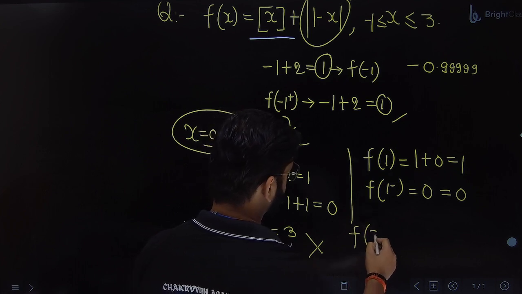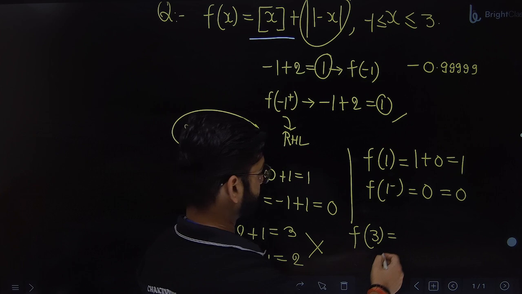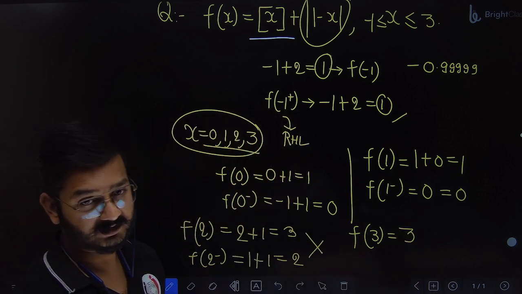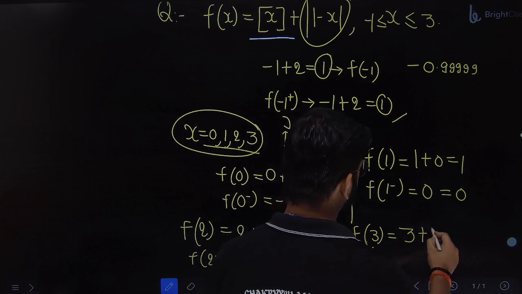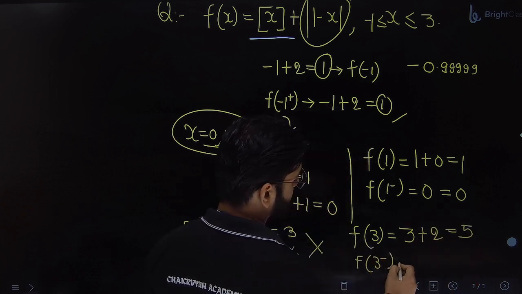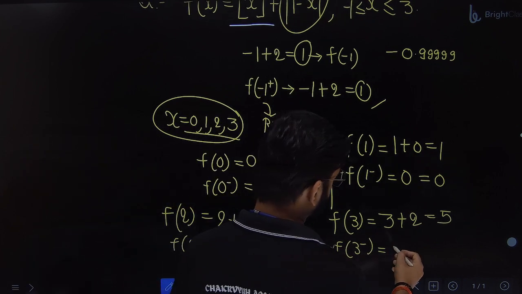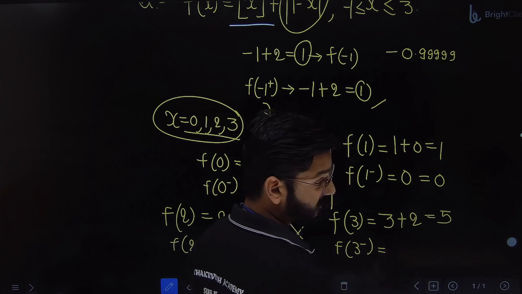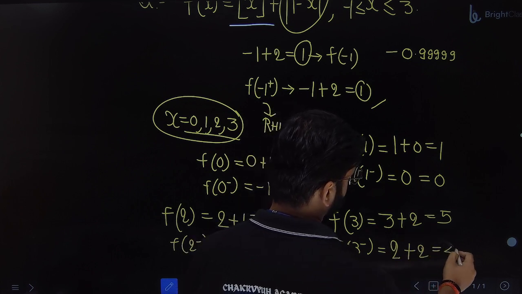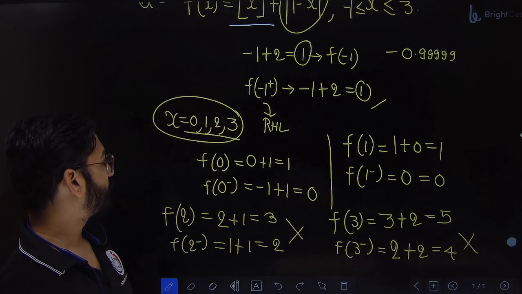Now check for 3. What is the greatest integer of 3? 3. 1 minus 3 is minus 2. Mod of minus 2 plus 2, which is 5. F of 3 minus. What is the greatest integer of 3 minus? 2. And this will be 4. So it is continuous at which point?